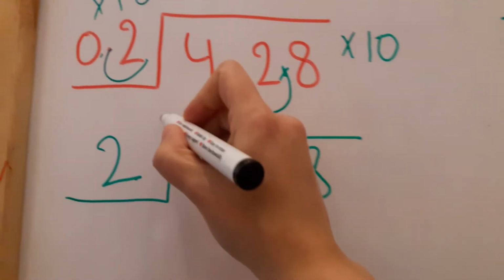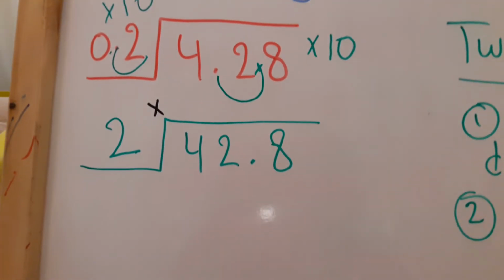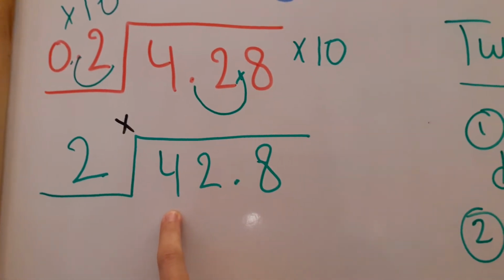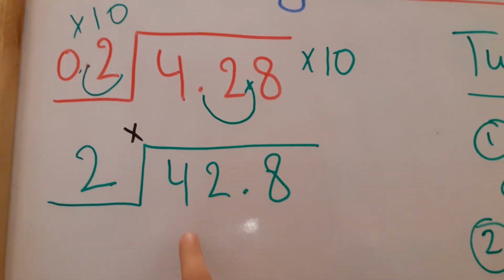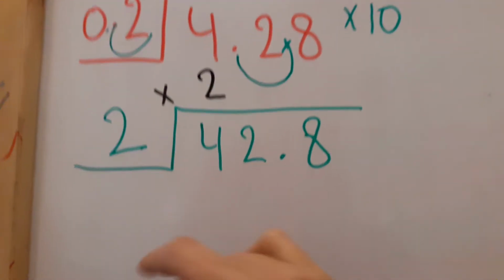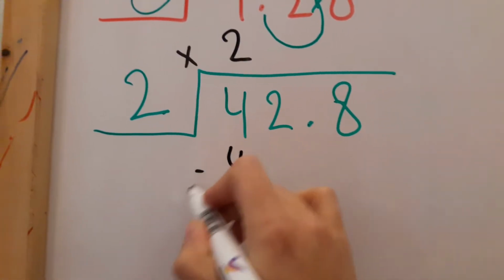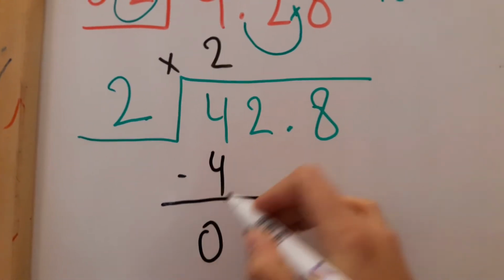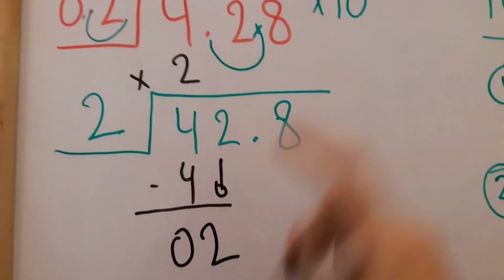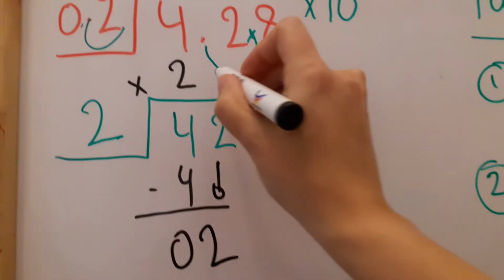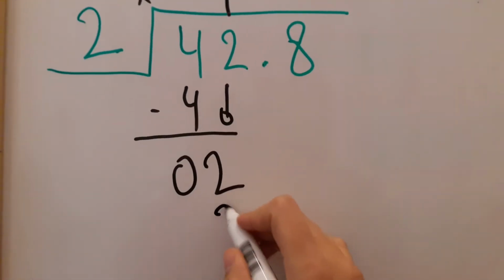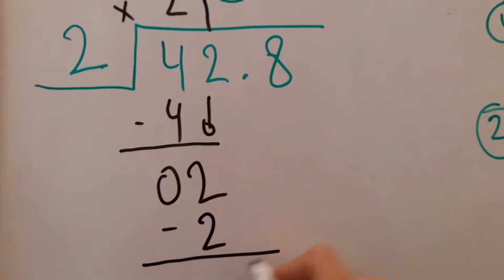Now let's start dividing. So over here I have a small multiplication sign. Since I have a one-digit divisor, I'm taking one digit from here. 2 times what gives me 4? It's 2 times 2. 2 times 2, it's 4. Then I subtract, 0. Bring down the 2. 2 times what gives me 2? 2 times 1. So 1 times 2, it's 2. 0.